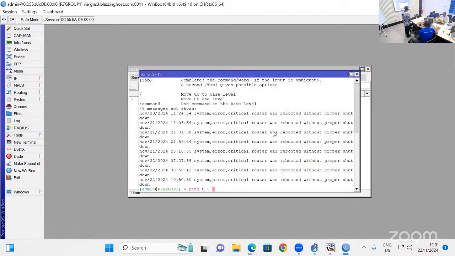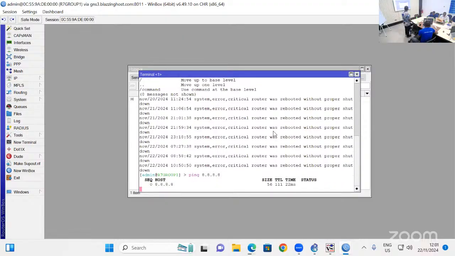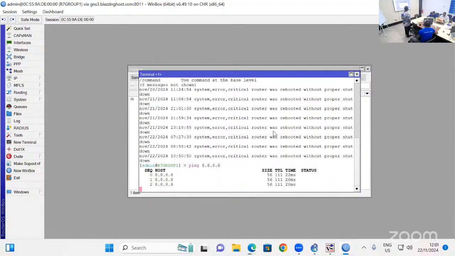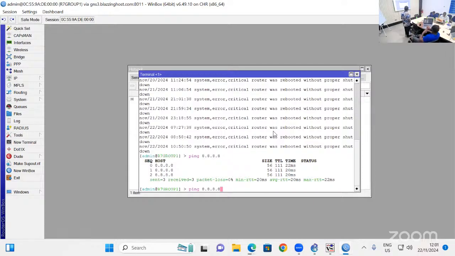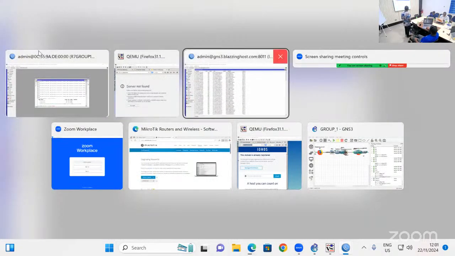Ping confirm here in the router, ping 8 and it's replying. Then the IP address of your gateway, 172. Your gateway router, that's this one.